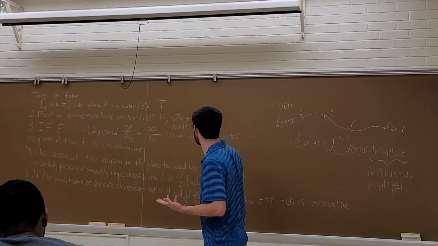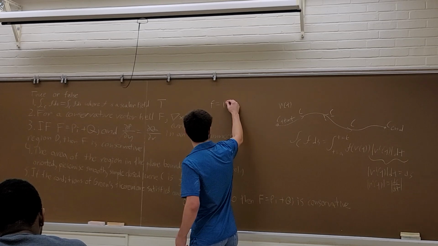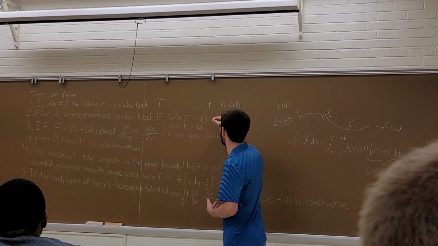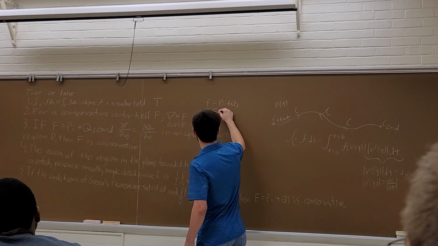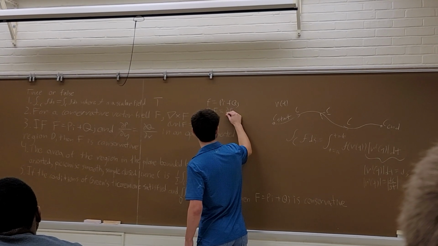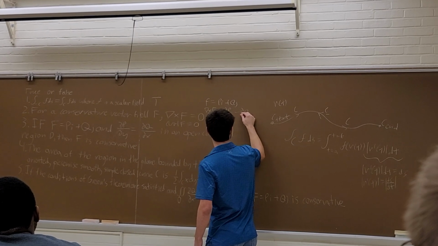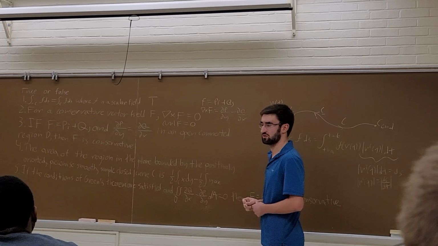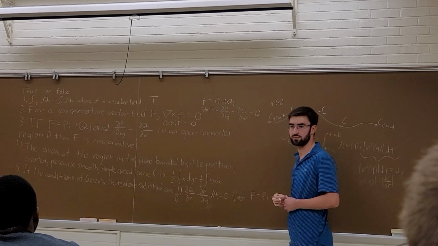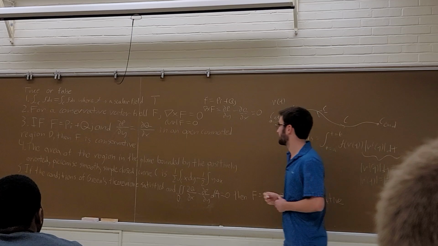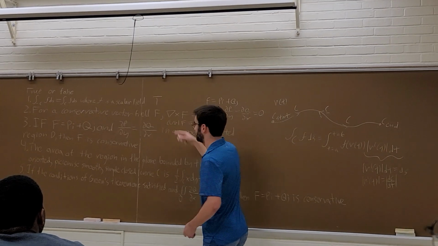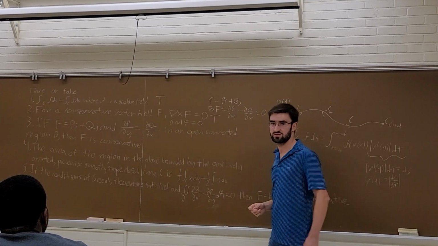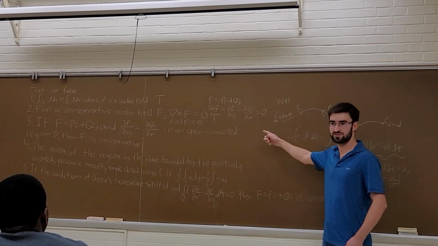And you recall that if you have F equal to some function in R2, P i plus Q j, the curl of F would just be dP/dy minus dQ/dx. But if F is conservative, these two quantities are equal to each other, so the difference of them would be 0, because they would cancel out. So yes, that is true, that if you have a conservative vector field F, then the curl of it would have to be 0. Yeah, questions about that?